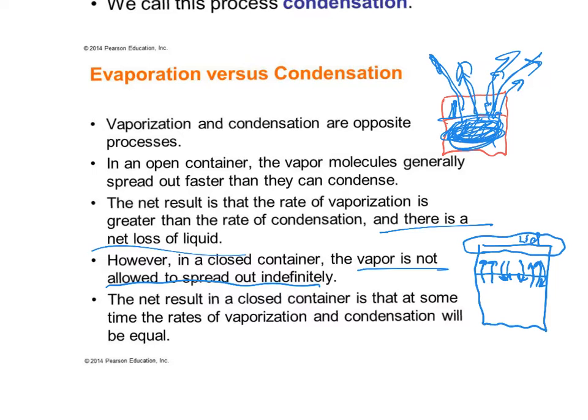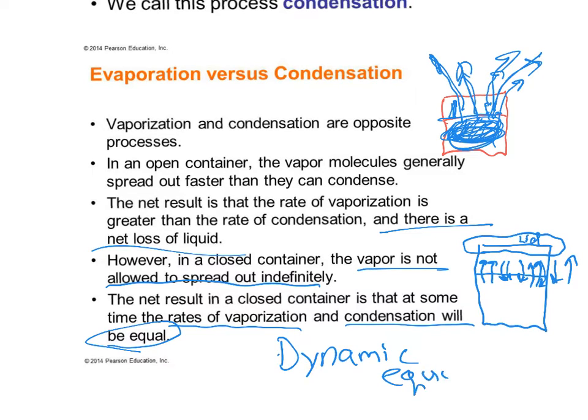So essentially you'll have some things moving up, some things moving back down. And that leads to a very interesting situation where the rate of vaporization and condensation will be the same. Under that condition, we have something called a dynamic equilibrium. And the amount of vapor that's above the liquid does not change. It stays constant.